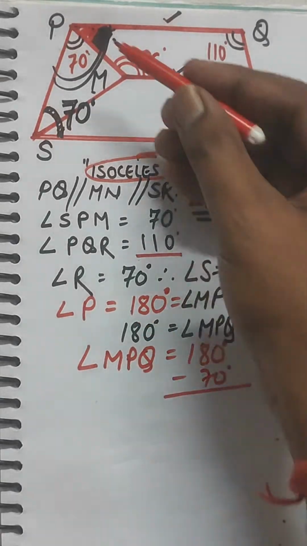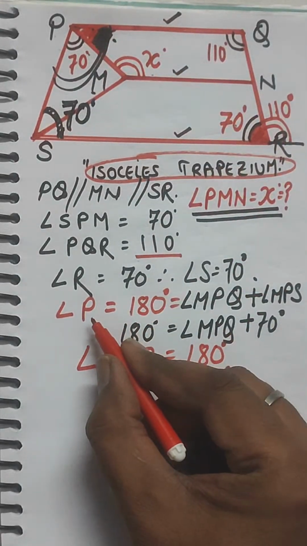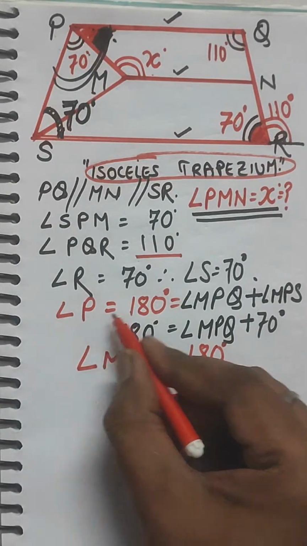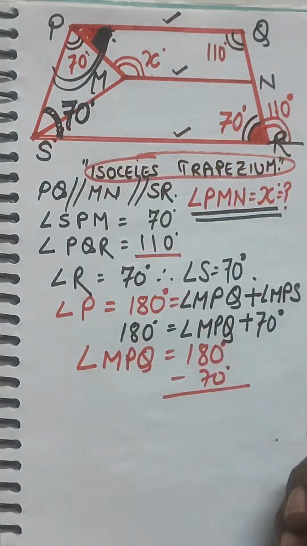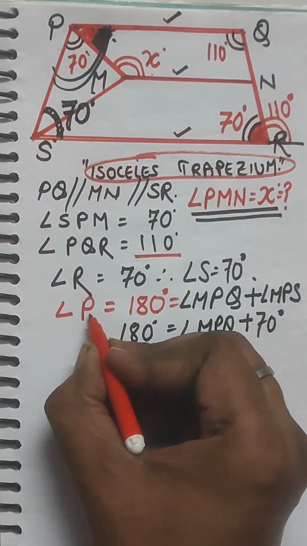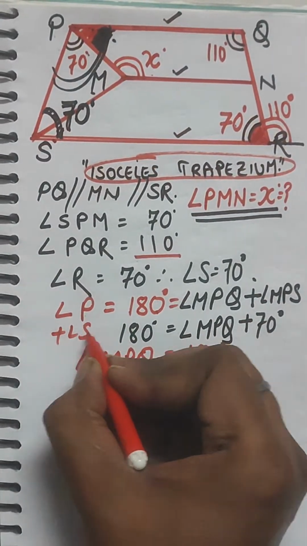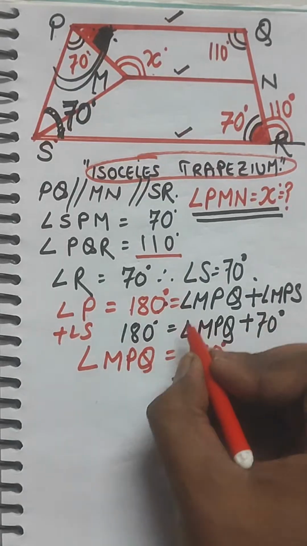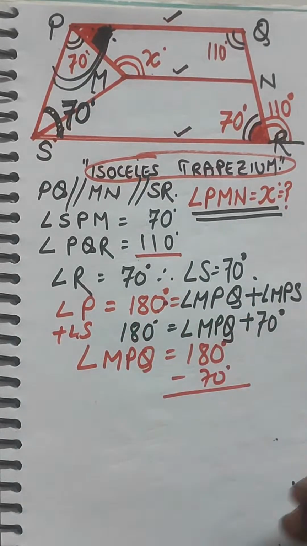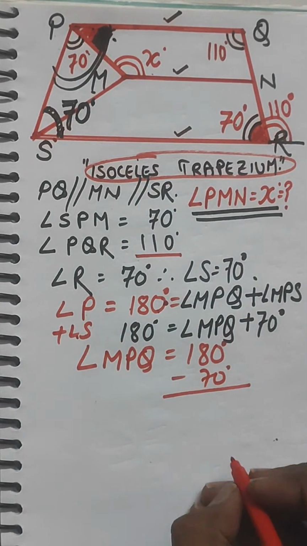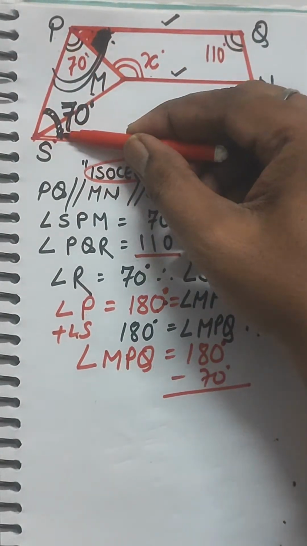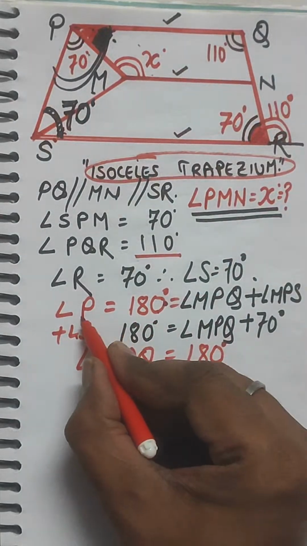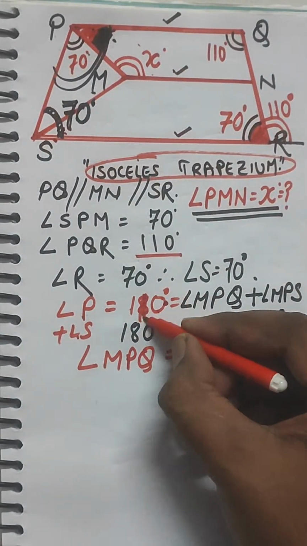So here angle P plus this angle S equal to 180 degree, and angle S is already 70 degree, right? So what we can see, 180 minus 70, 110. So the value of angle P will be 110.